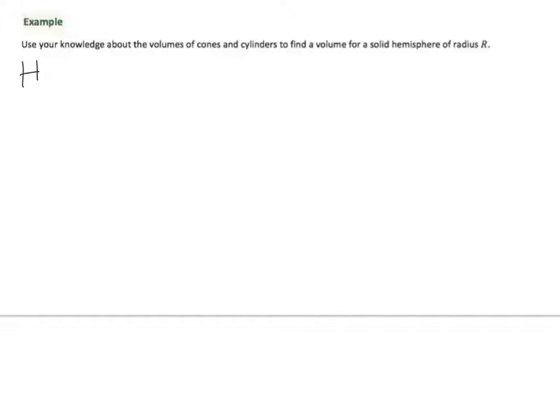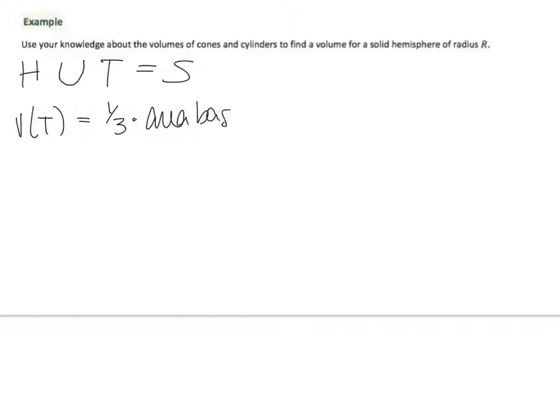So let's summarize this one more time, what we learned. We learned that the volume of the hemisphere, union with the volume of the cone, is equal to the volume of the cylinder. So what is the volume of the cone? That's 1/3 times the area of the base times the height, which equals 1/3.